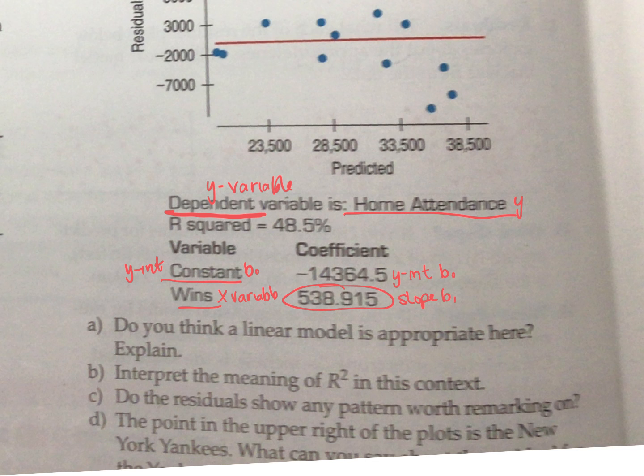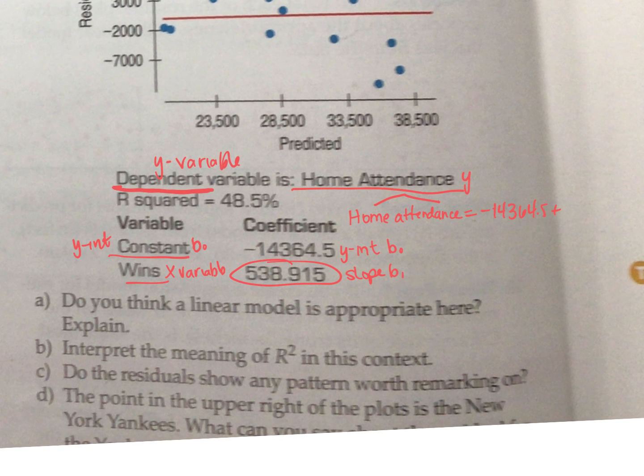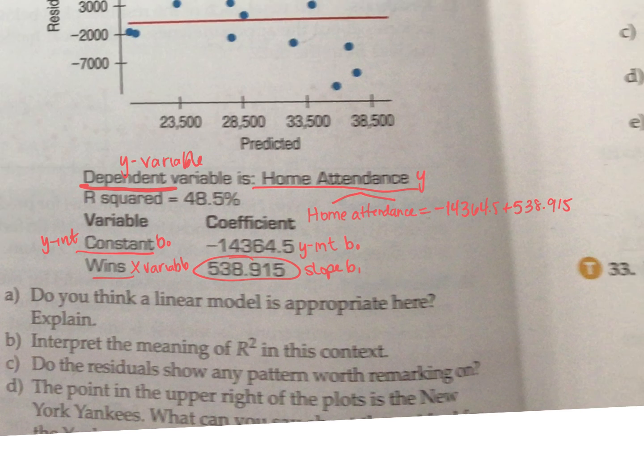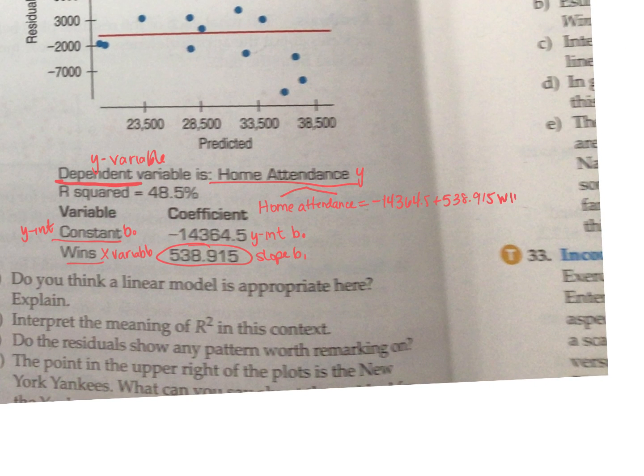Okay. So it's giving us the equation. And we're going to write home attendance, with the hat on it, equals negative 14,364.5 plus, because the slope is positive, 538.915, and my x variable is wins.